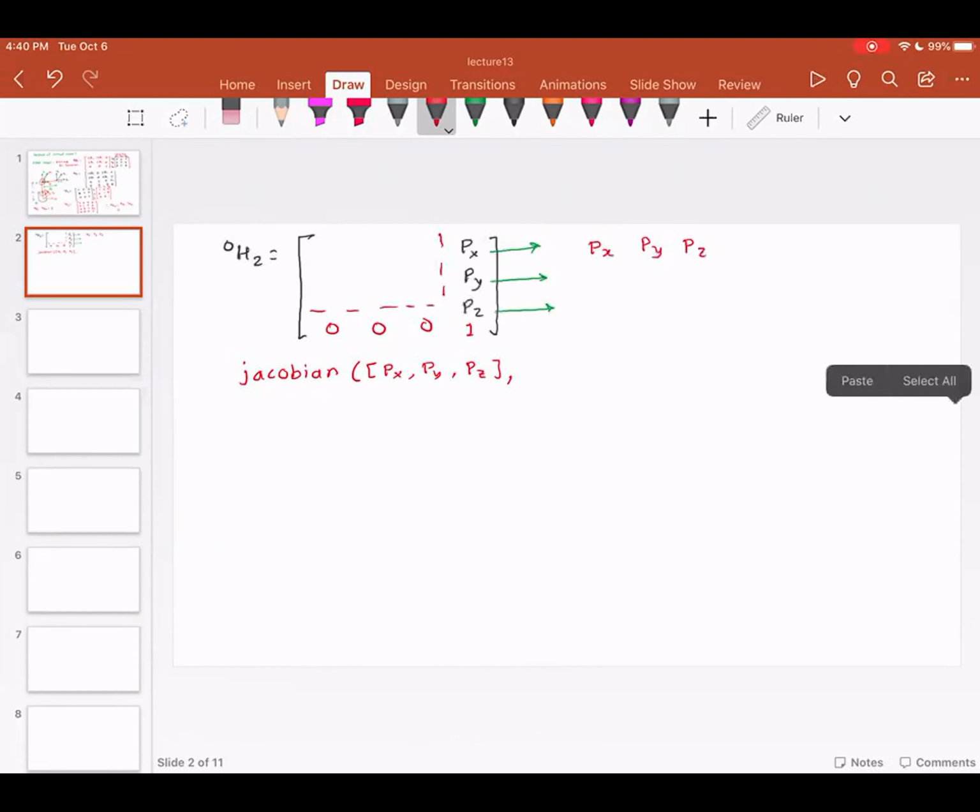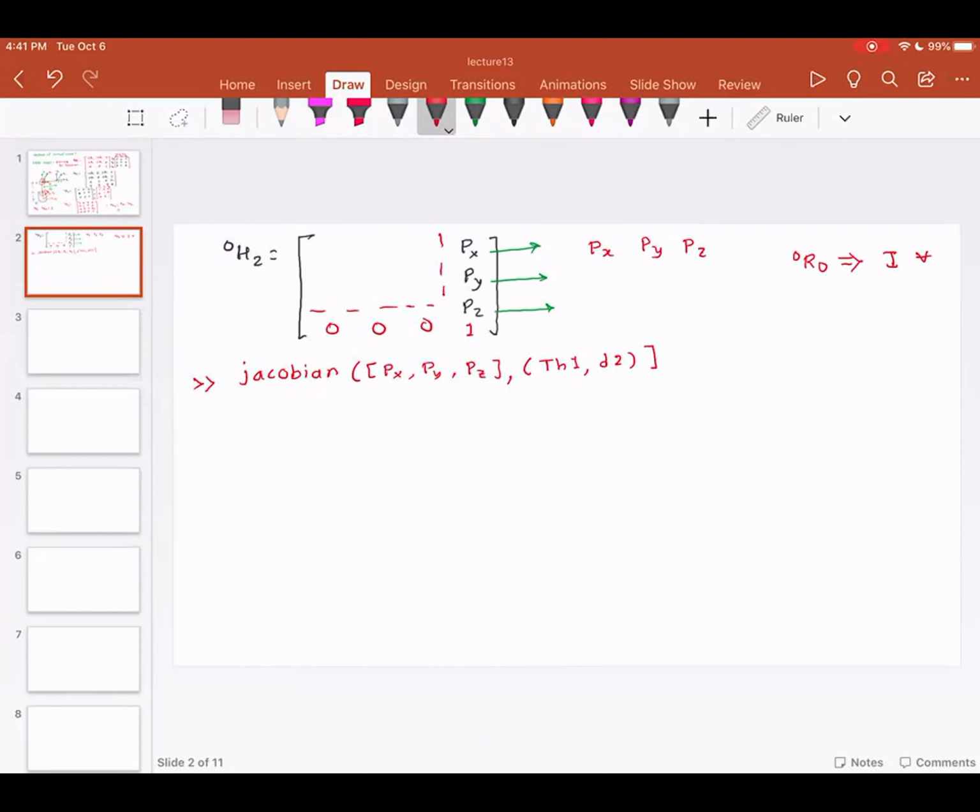Yes, 0R0 is always identity. Then we need to enter the joint variables, which here are th1 and d2. Once you do this, MATLAB will give you the Jacobian directly.